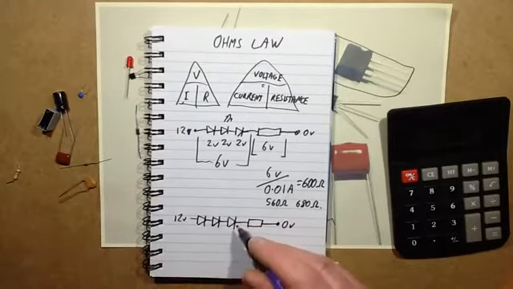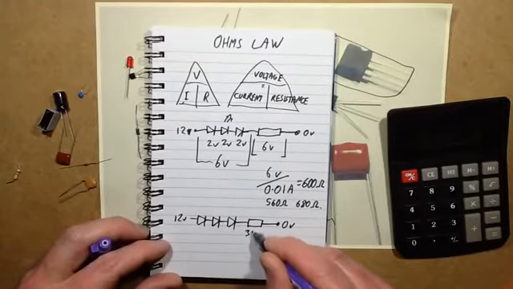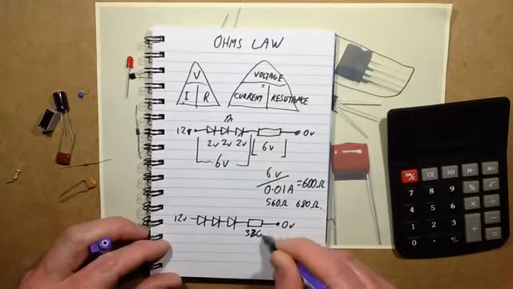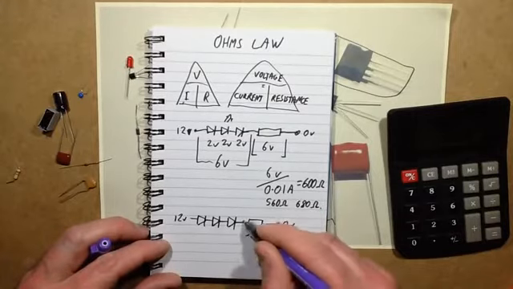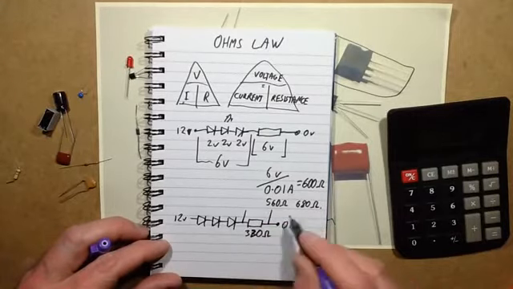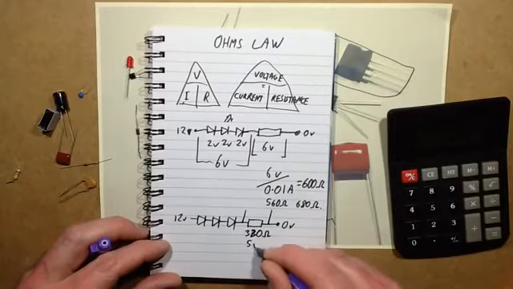So if that's, say for instance, a 330 ohm resistor, and you measure the voltage across that while the LEDs are running, and you measure 5 volts.